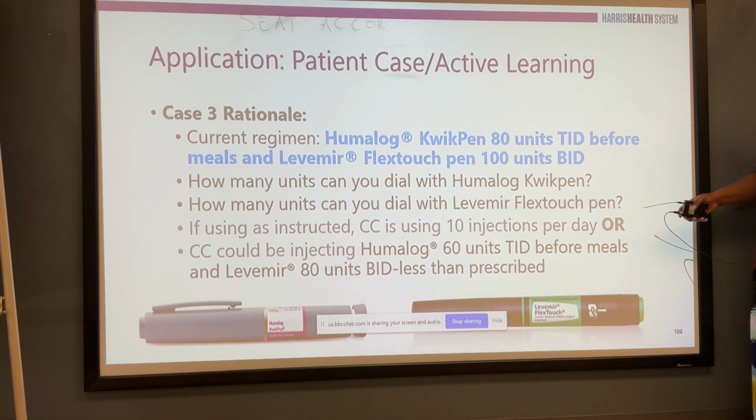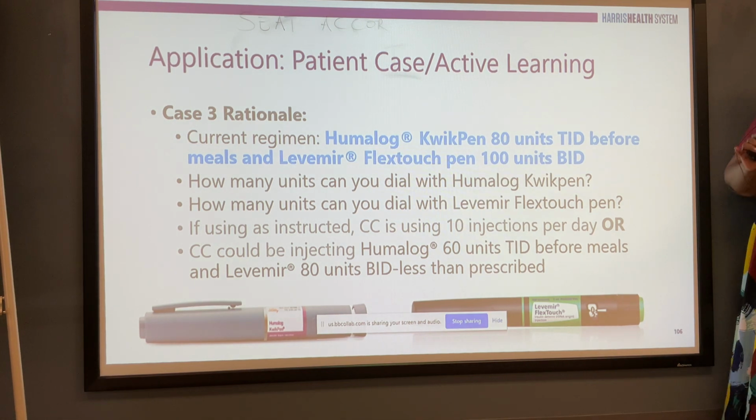the patient, if they're doing it right, they have to poke themselves at least 10 times, which is a lot, which is probably why he's not adherent. Or the other option is that the patient could just dial up to 60 and stop, and dial up to 80 and stop, and their body's not getting enough insulin. So those are things to think about, right?